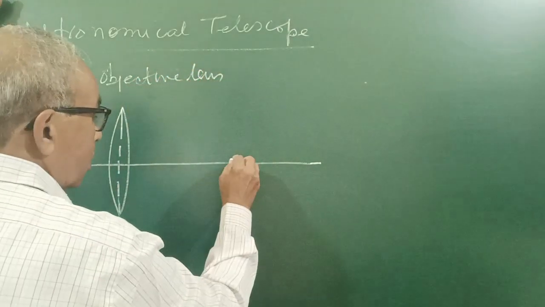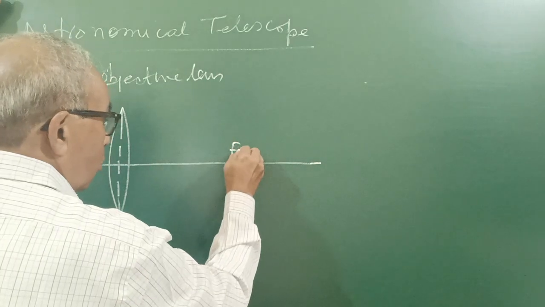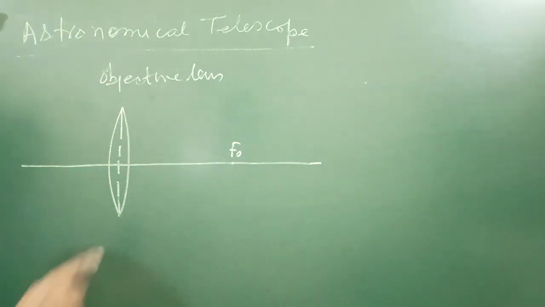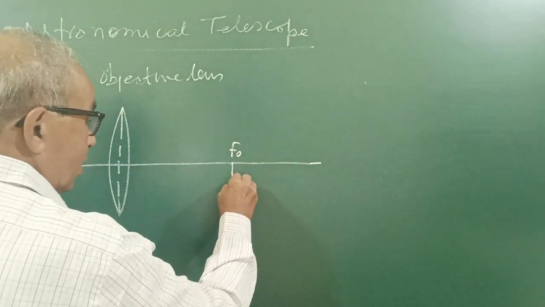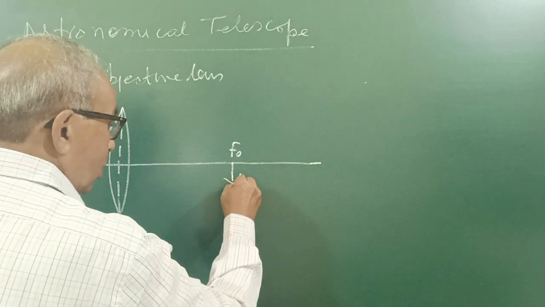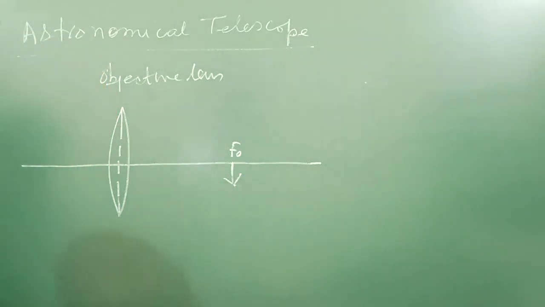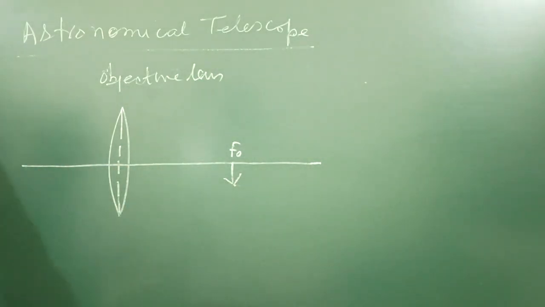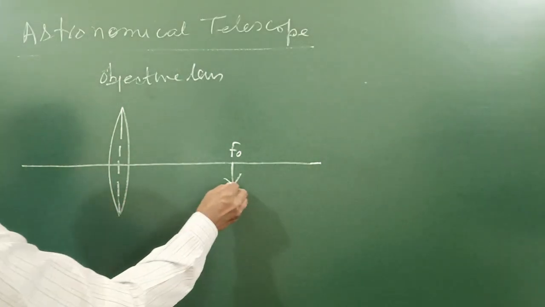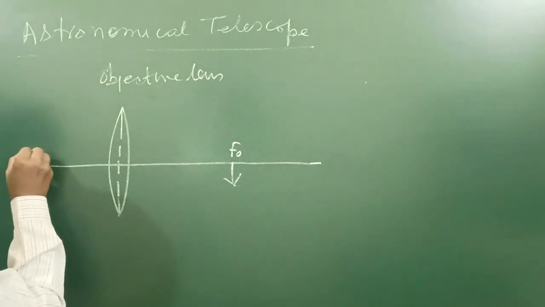So here is FO. We write the focus point of the objective lens. So we draw here a small image. A small image you obtain like this first. नहीं बननी तो उसको रे कैसे दिखानी है? One ray passing through the optical center remains straight, does not get deviated. So you draw this here like this.